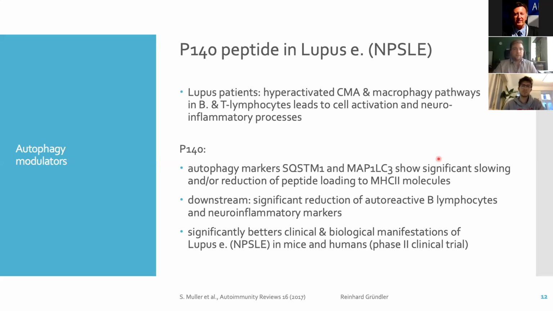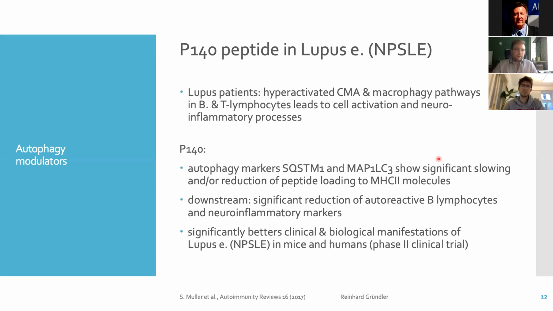Yes, the P140 peptide in lupus significantly slows the peptide loading of the MHC2 molecules, and also reduces the autophagy markers. In the further downstream processes, it significantly reduces the autoreactive B lymphocytes and neuroinflammatory markers.